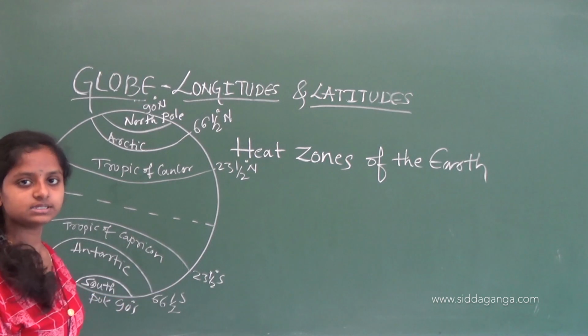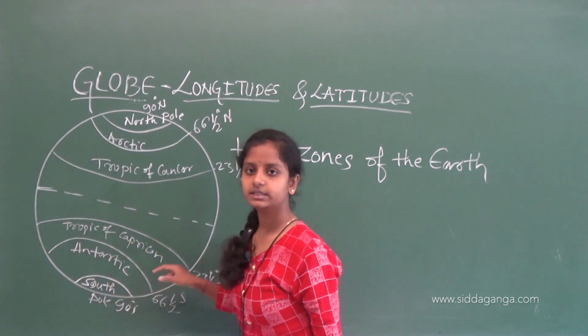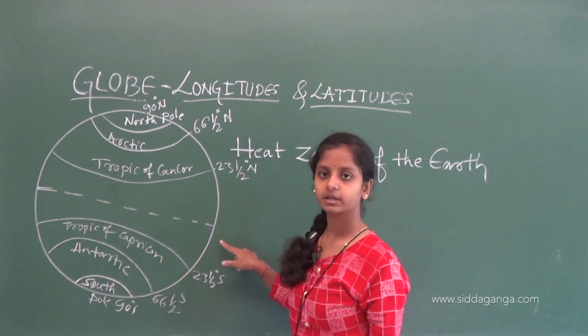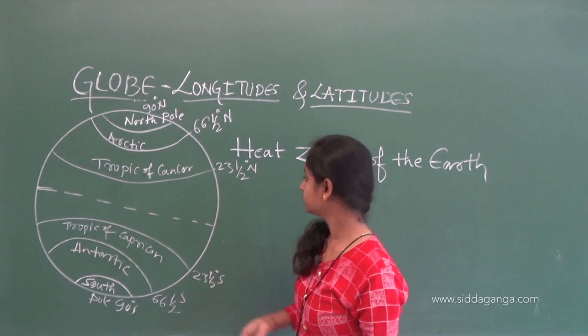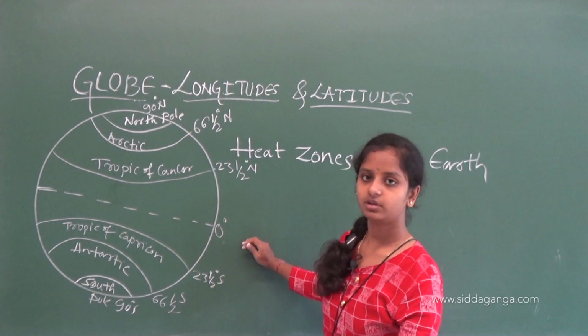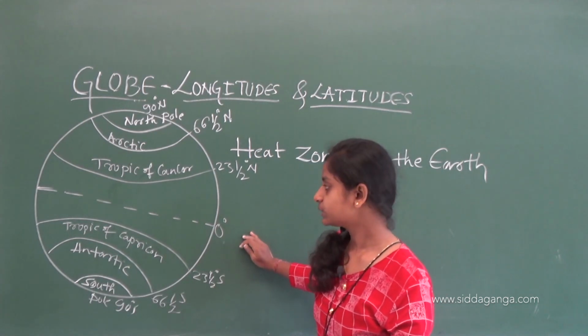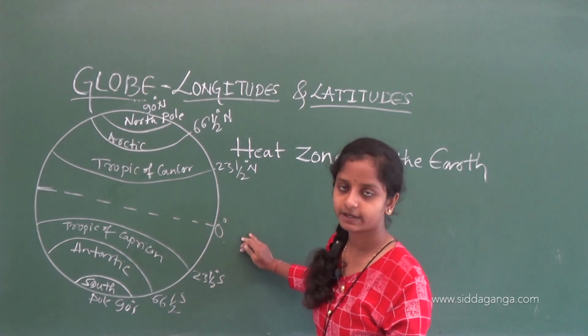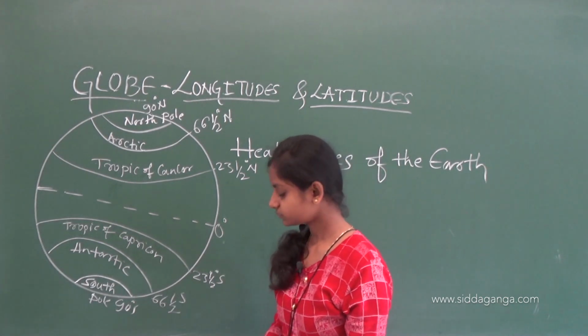So these are the seven major latitudes, with the equator at 0 degrees. Now we will see the heat effect of the sun.